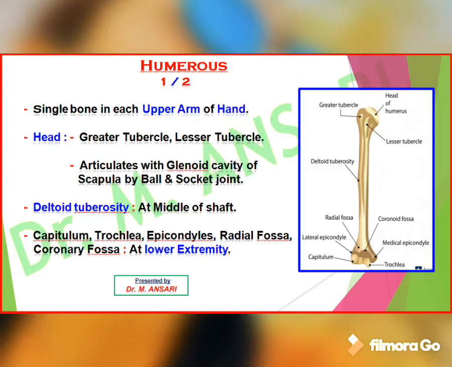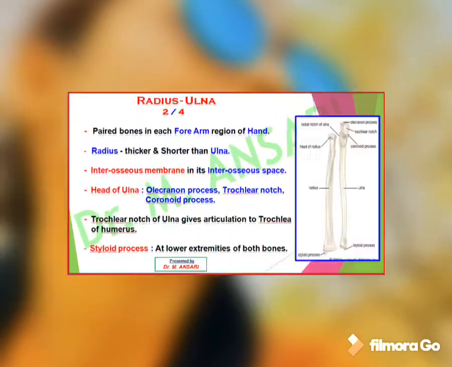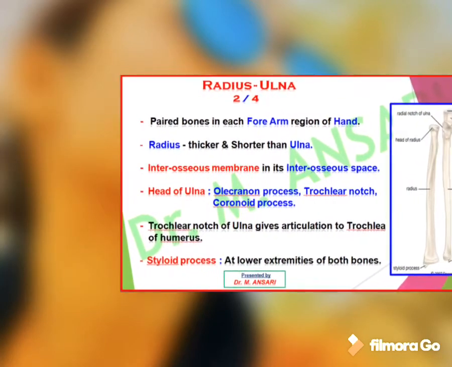The lower extremity of the humerus consists of the capitulum, trochlea, epicondyles, radial fossa and coronoid fossa. All these are needed for articulation with the next bones, that is radius and ulna, for forming the elbow joint. Radius and ulna are the 2 bones present in the forearm region.